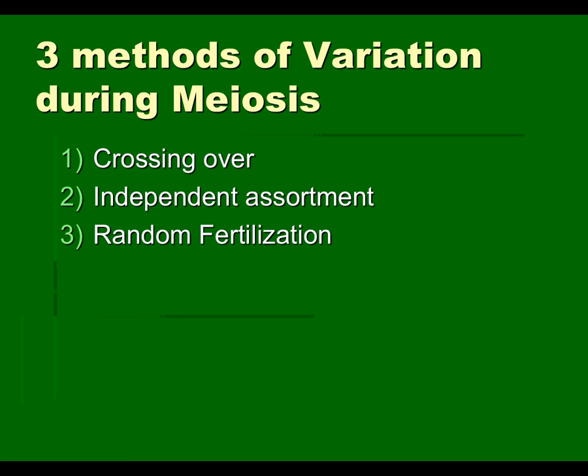Random fertilization is talking about the reduction in the number of eggs present in a female, and only a handful of sperm might make it to the egg. Only one of them is actually there. It's not by choice, it's chance that it gets there. So at the end, these three things are the three methods of genetic diversity caused by meiosis.